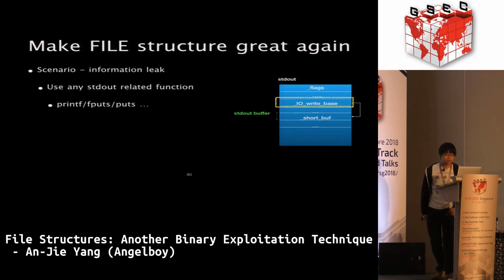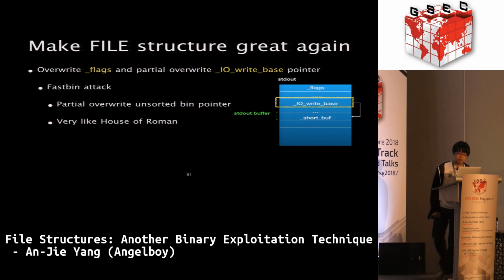The first one: assume we have some memory corruption on the heap and use any standard out related function. What can we do to bypass ASLR in full partition? We can use some heap exploit technology to override the flag and partially override IO write base.